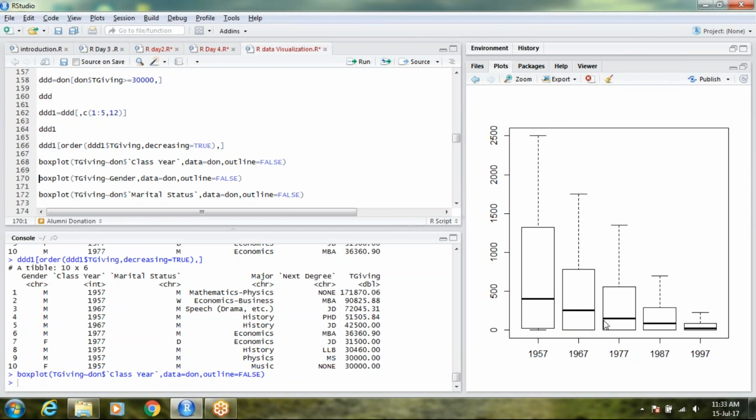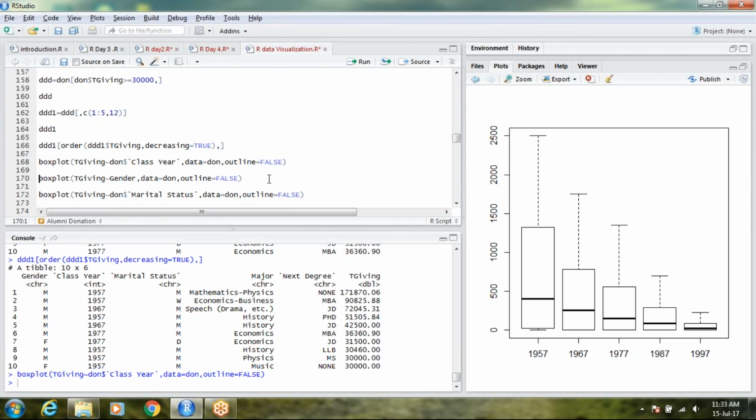Then it reduces, and the most recent alumni have made the least contribution. And this is quite obvious. An alumnus who has settled down and is towards retirement would be able to make more contribution compared to one who is quite recent or new as an alumnus to the college.